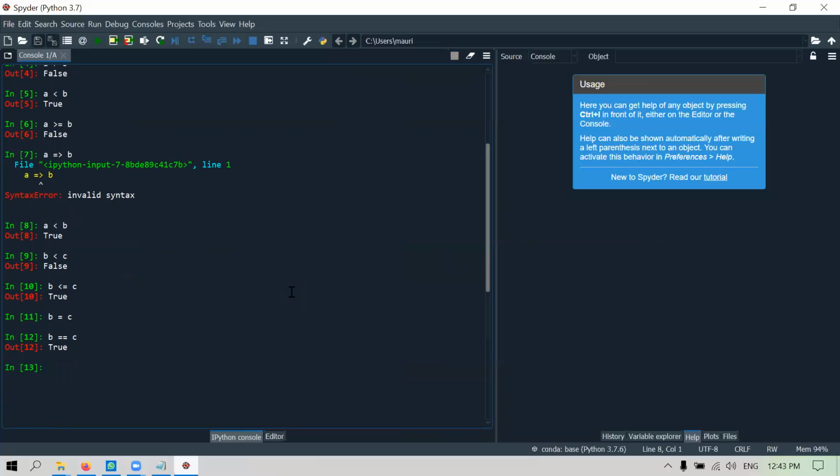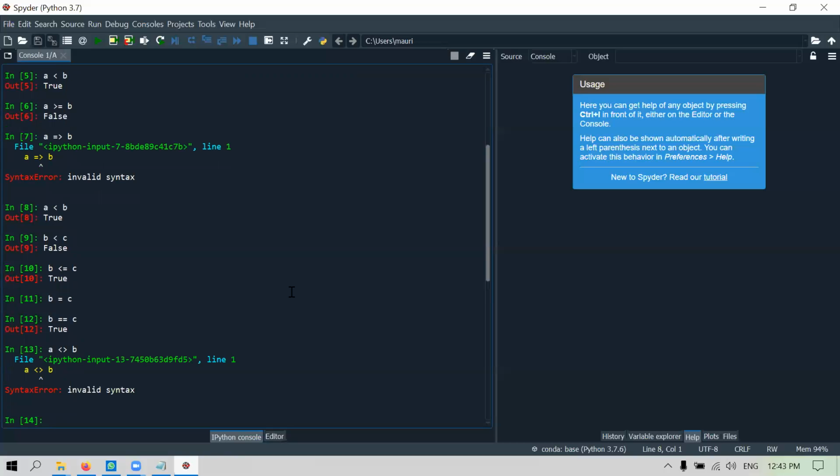How about if I want to compare two variables and I do not want them to be equal? If they are not equal, then true, otherwise false. How do I do that? Let's say I want to ask, is A not equal to B? This is English, we write this way. In the past, we could use the not equals sign, which was more than or less than together. But with Python 3, we cannot use this symbol anymore.